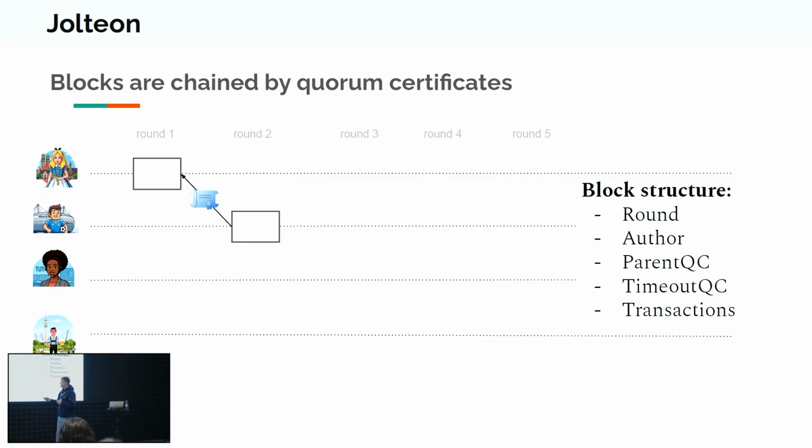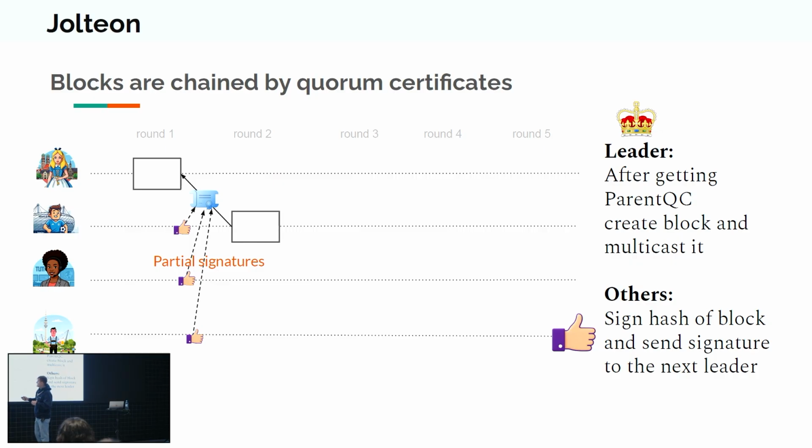So how is this quorum certificate built? When the first participant created its block in the first round, it multicast its block to every party, and every party upon reception says, okay, it's a valid block, it's all good, and they sign it with a partial signature, and then they send this partial signature to the next guy who will produce a block.